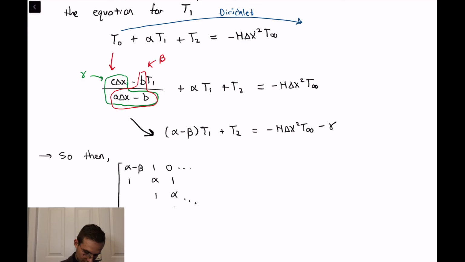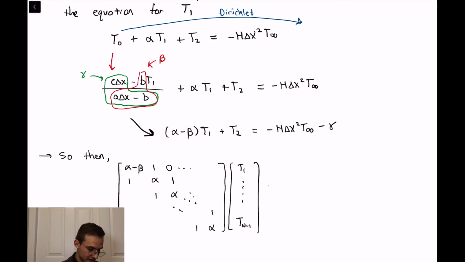And then this last corner here is a 1 and alpha in the last entry. Of course, you have T1 all the way down to T(n minus 1), so we're still only solving for the internal points. And then the first entry of the right-hand side vector b is negative h delta x squared T infinity minus gamma.